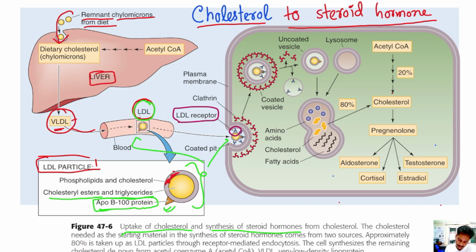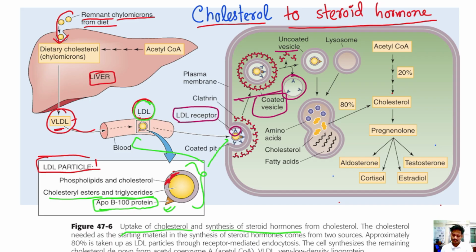The LDL receptor binds with the LDL, and a clathrin coated vesicle forms. After the coated vesicle enters the cell, it becomes uncoated. The LDL receptors form vesicles and come back to the cell surface.